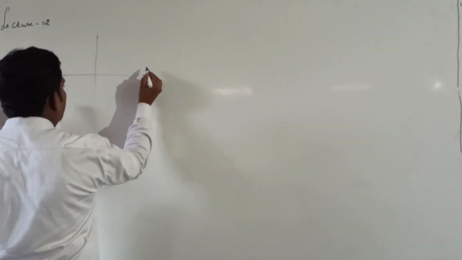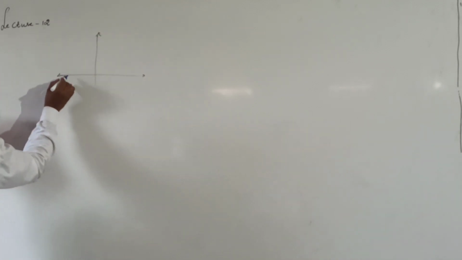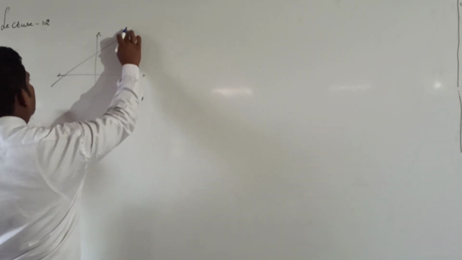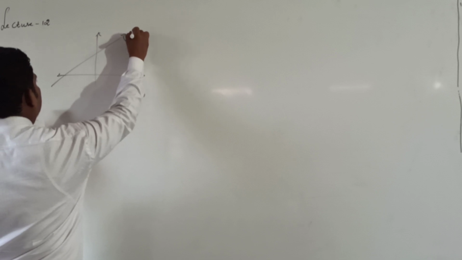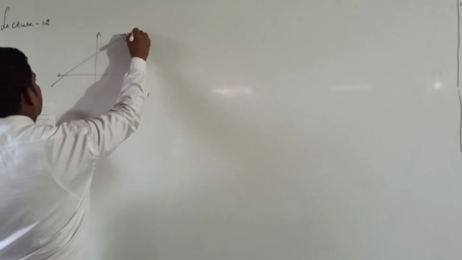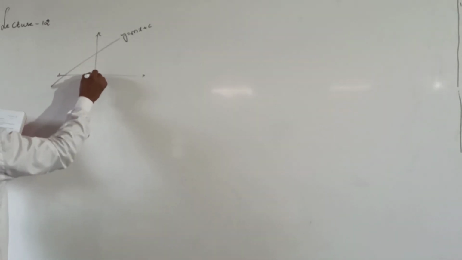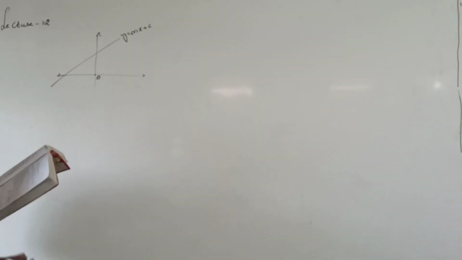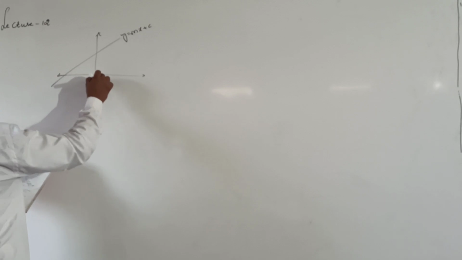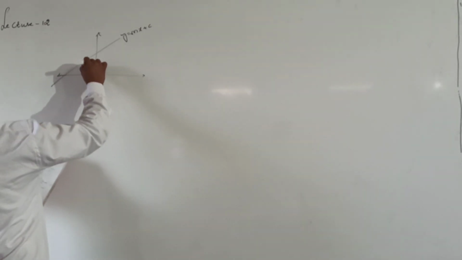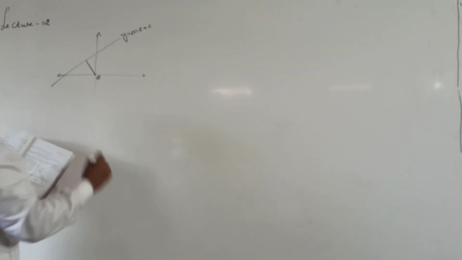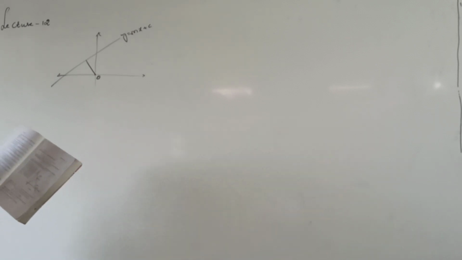Just consider one 2D plane. This is y equals mx plus c, and a perpendicular is drawn from the origin to this line. This line meets the line at this point. At what point?